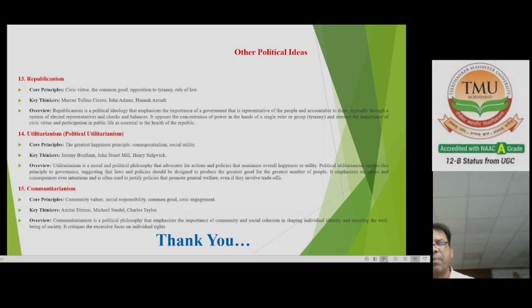Political utilitarianism applies these principles to governance, suggesting that laws and policies should be designed to produce the greatest good for the greatest number of people. It emphasizes outcomes and consequences over intentions and is often used to justify policies that promote general welfare even if they involve trade-offs. These are the important parts.